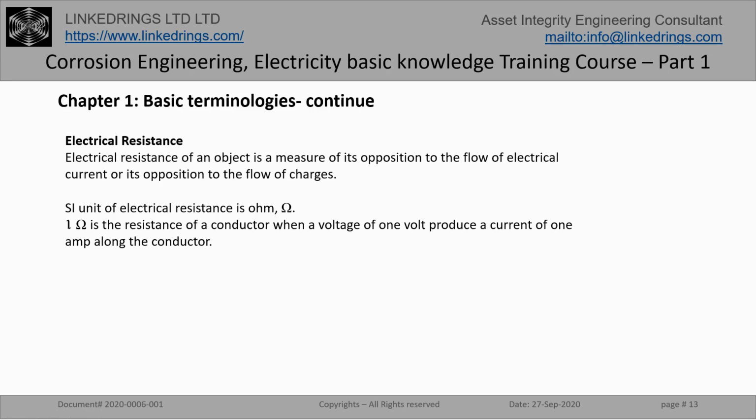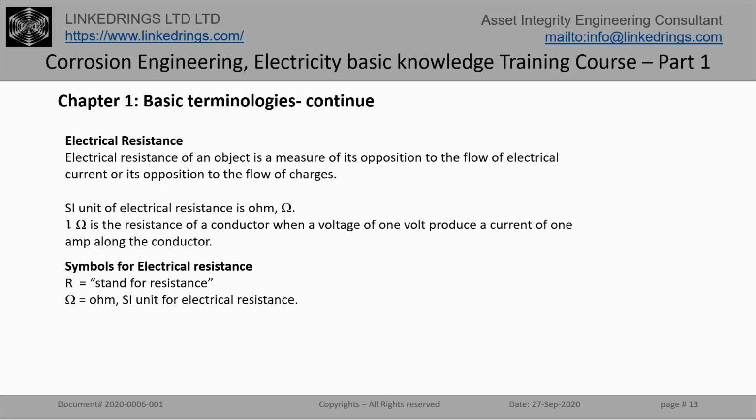So if we apply 1 volt and this produces 1 amp along the conductor, it means the resistance of this conductor is 1 ohm. The symbol of electrical resistance is R, which stands for resistance. Ohm is the SI unit for electrical resistance.